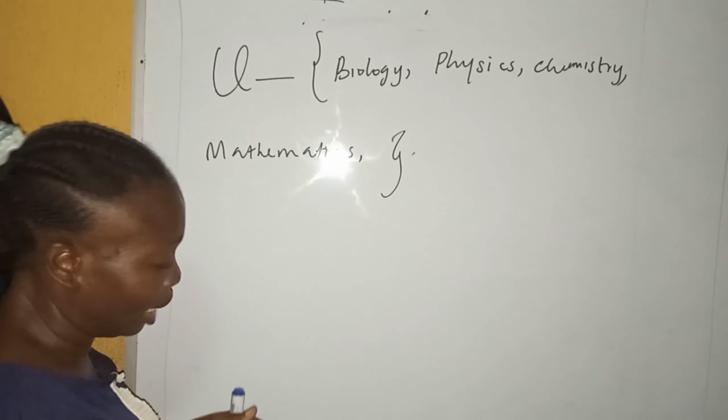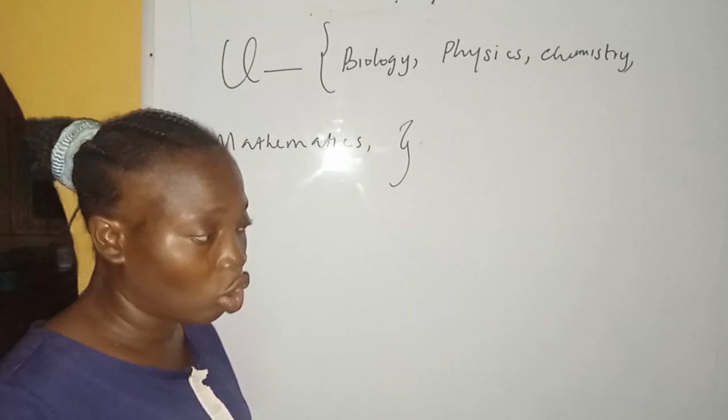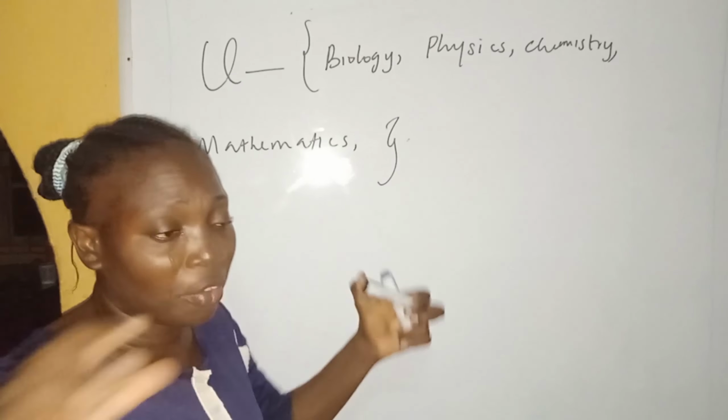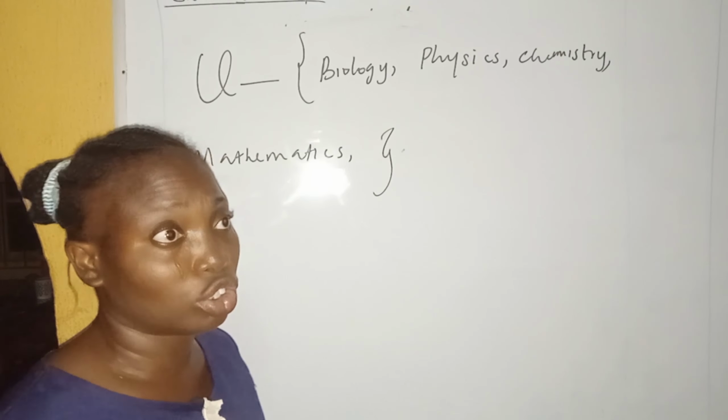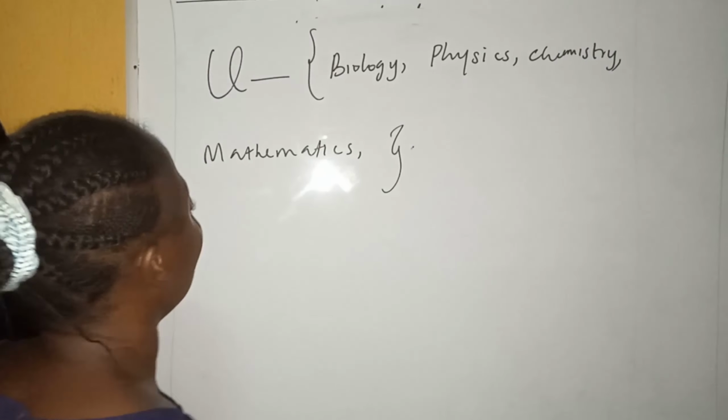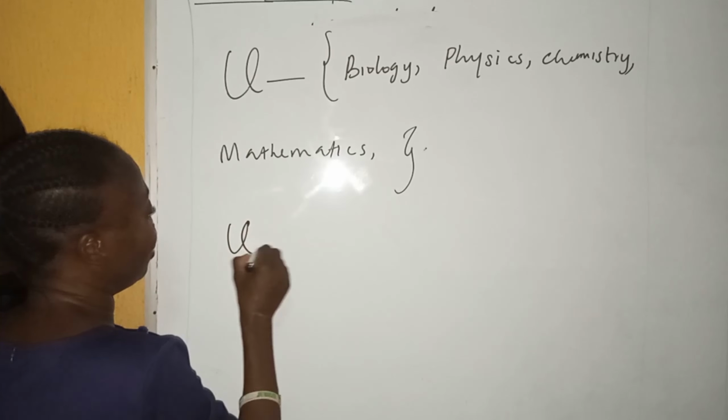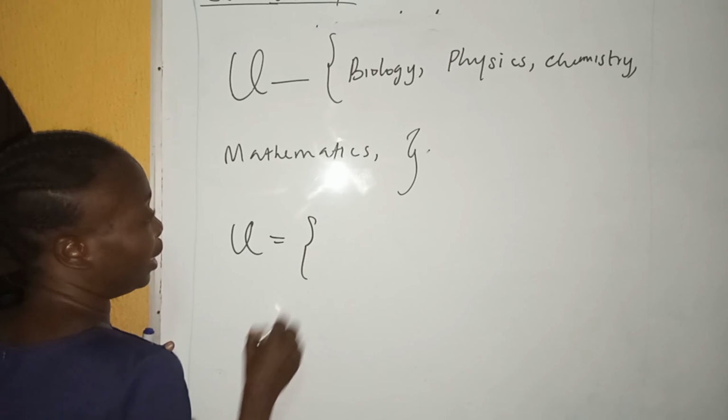So you can see that the universal set is a set that contains every other set in the whole discussion, or in a particular discussion.